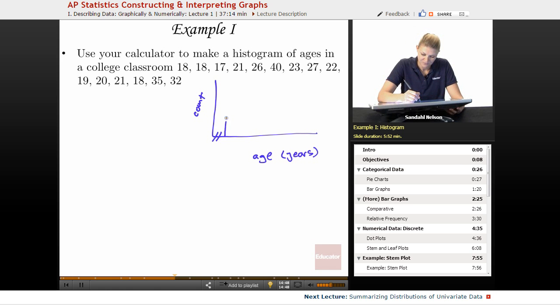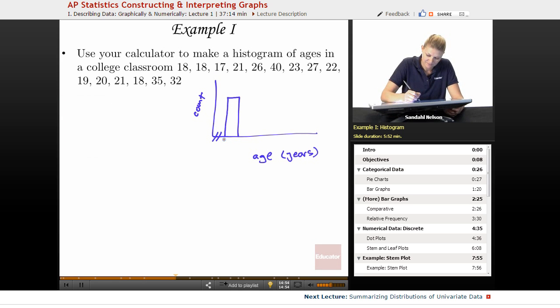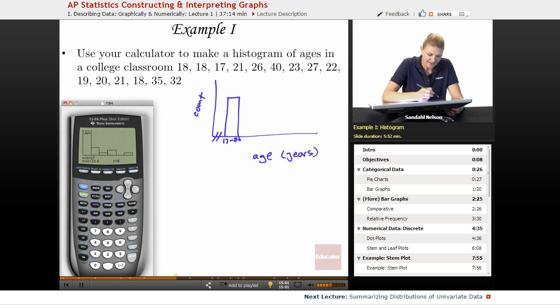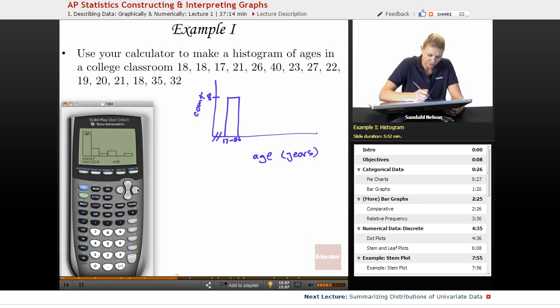So we'll just draw ourselves a bar, and this is 17 to 21.6, and then we see that there are 8, so we'll mark that as 8, and then we'll trace to the next one.